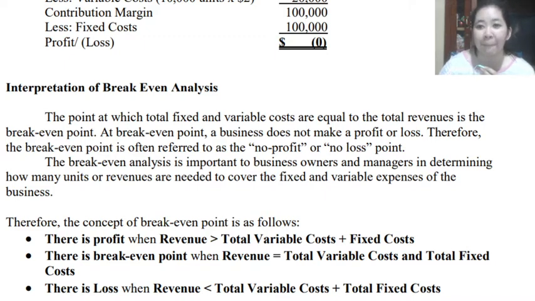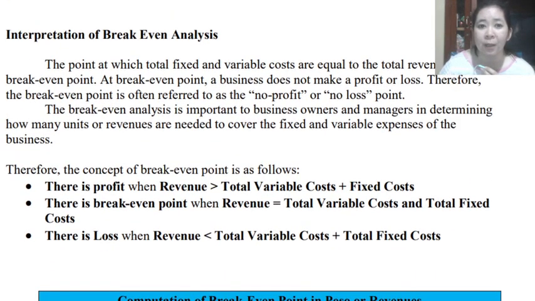So therefore, the concept of a break-even point is as follows. The first one is there is profit when revenue is greater than your total variable and fixed cost. Second, there is break-even point when your revenue is equal to total variable and fixed cost.